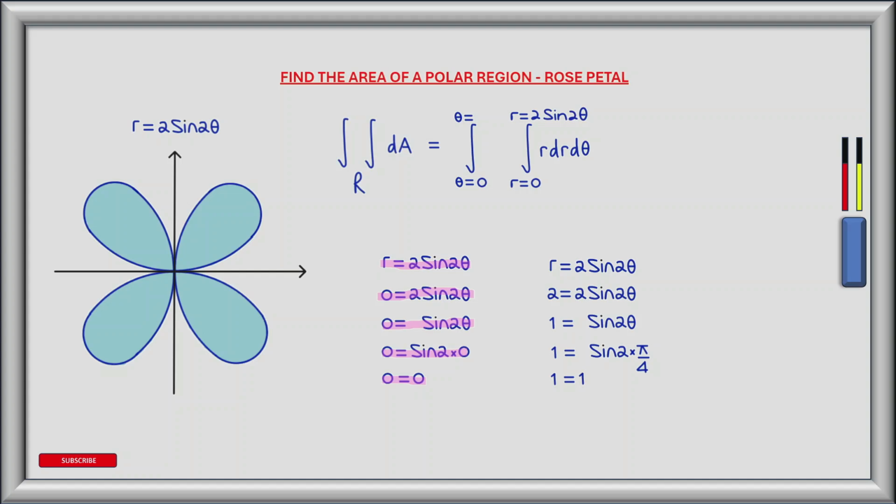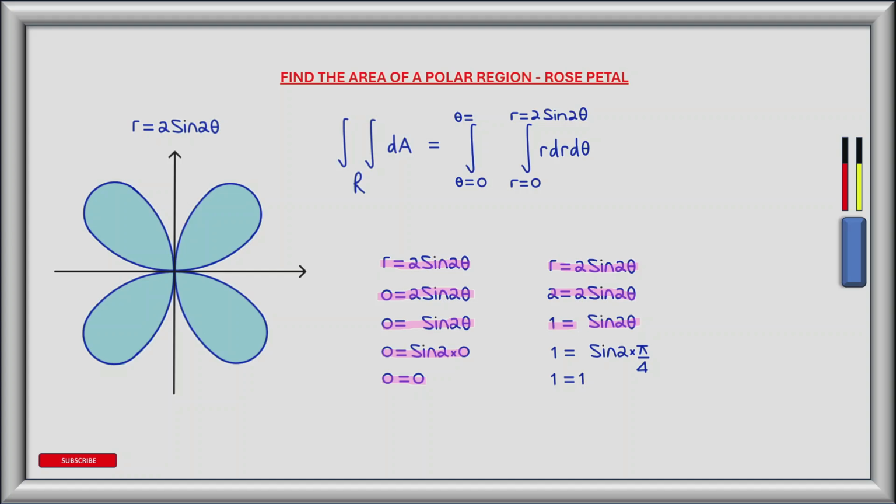So let's determine what value of theta we're at when r is equal to 2 by plugging in the value of r equals 2 into our polar equation r equals 2 sine 2 theta. Dividing both sides of the equation by 2 gives 1 equals sine 2 theta. So now we ask the sine of what angle when multiplied by 2 gives a value of 1.